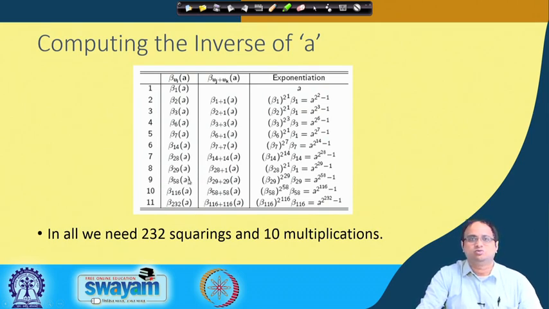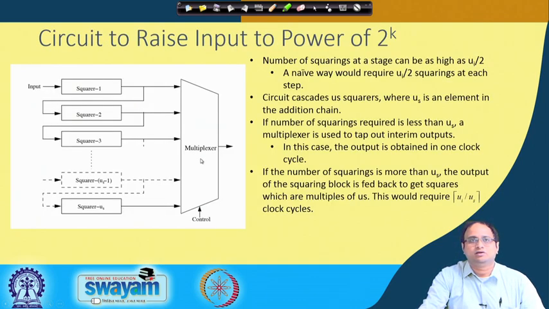Now, again remember that squarings in GF(2^m) arithmetic are easy. So, this is a nice trade off, where you are optimizing the number of multiplications at the expense of squarings, which is quite convenient to implement in GF(2^m) arithmetic.